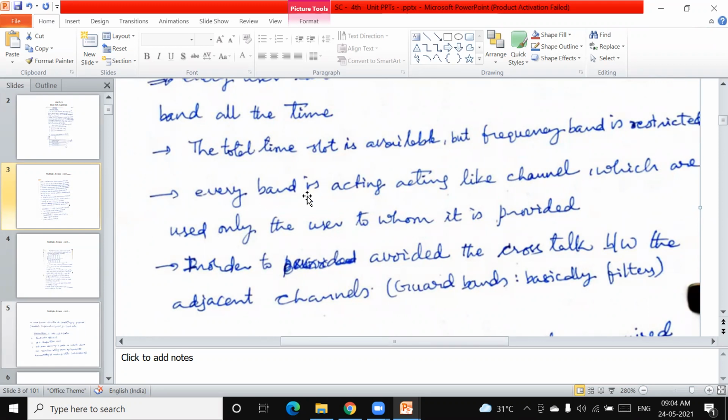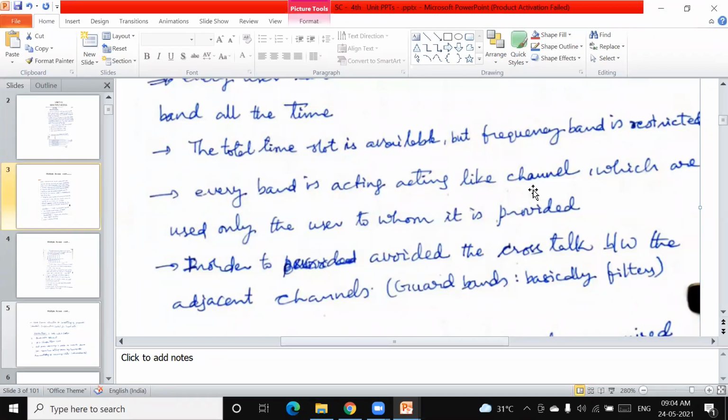The total slot is available, but frequency is restricted. Every band, frequency band 1, 2, 3, 4, etc., is acting like a channel, which is used only by the user to whom it is provided.